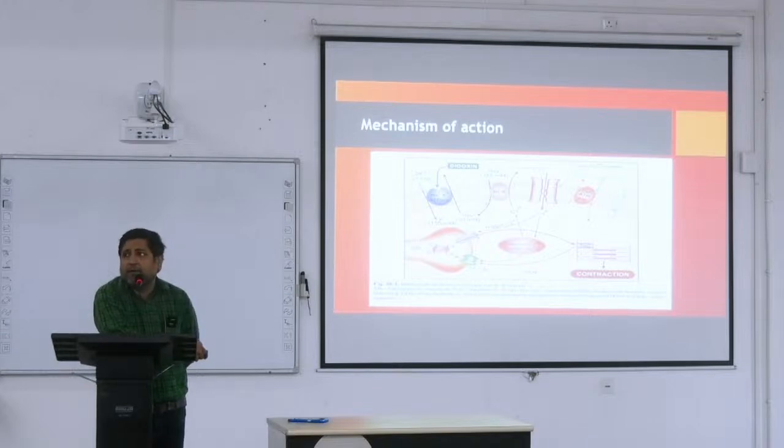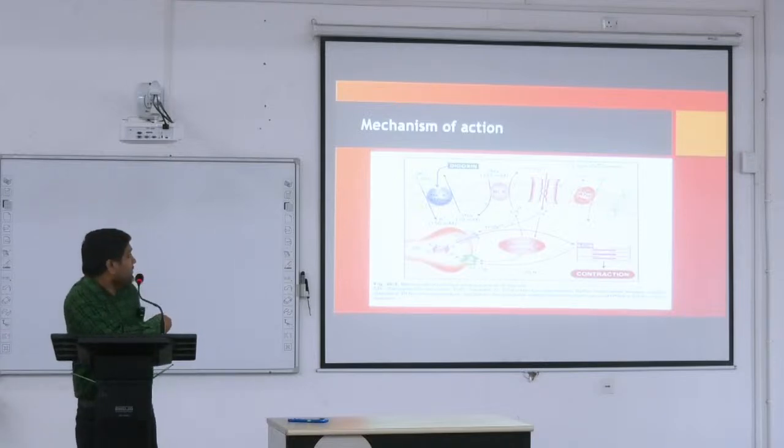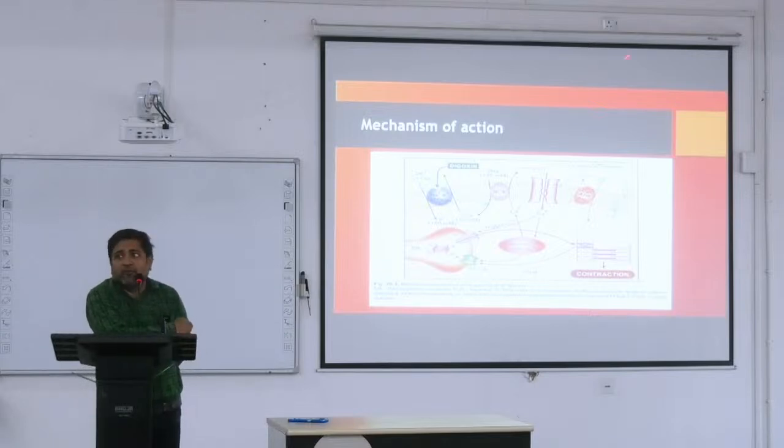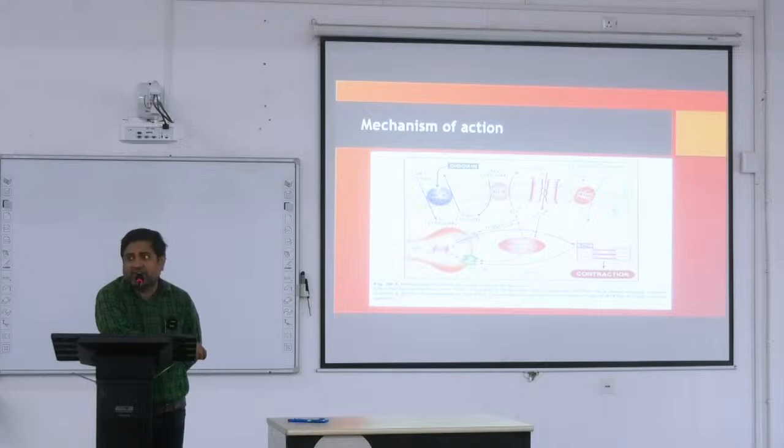Due to increased concentration of sodium in the cytosol, the influx of sodium no longer occurs from the sodium calcium exchanger. As a result, calcium is not effluxed, so the cytosolic calcium concentration is increased.